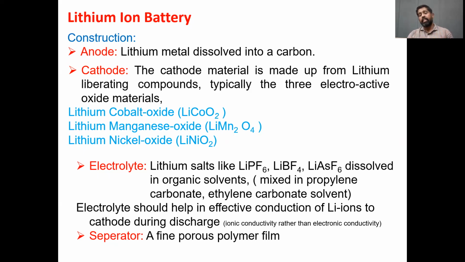The electrolyte should help in conduction of lithium ions to the cathode during the discharge process. So here, ionic conductivity happens rather than electron conduction. We'll use a separator also: a fine porous polymer film is used as the separator.